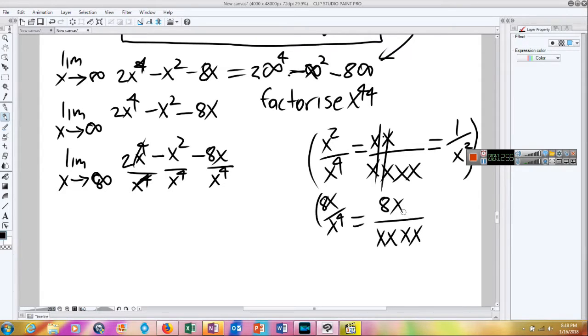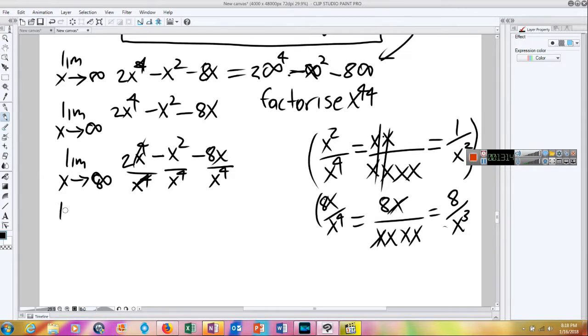And you're going to lose 1 x because they're like terms, and you're going to end up with 8 divided by x to the third power. And that brings us to continue here.